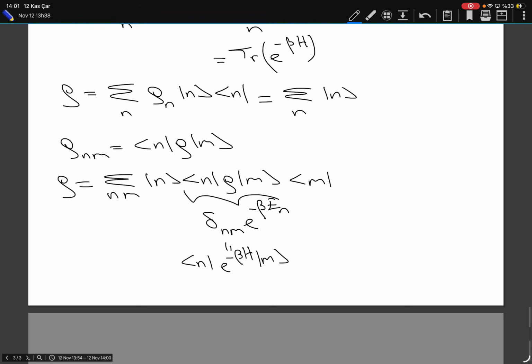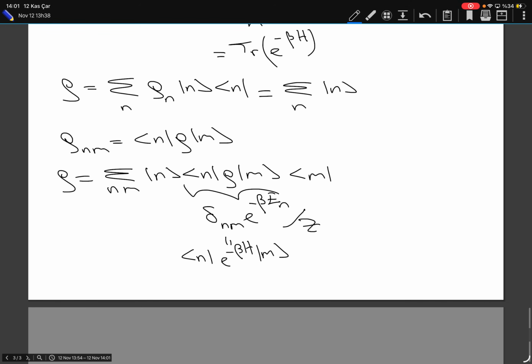They are the same thing. And then again, I can use the identities. So this is divided by Z, divided by Z. So rho just becomes e to power minus beta h divided by trace e to power minus beta h.